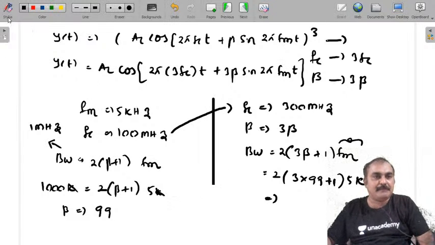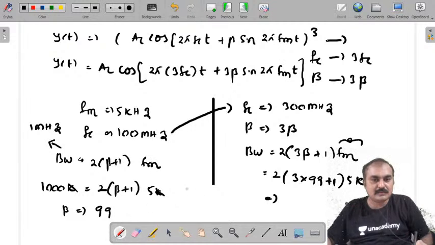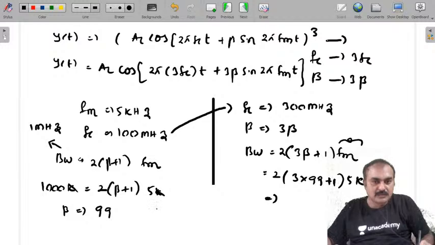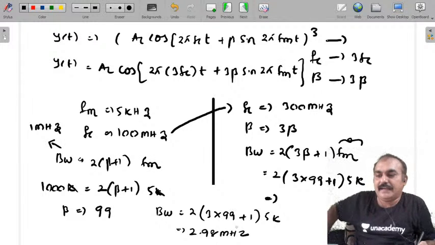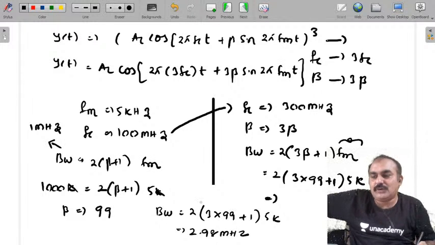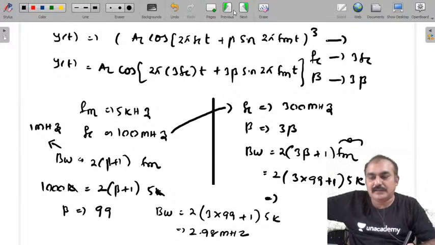Bandwidth equal to 2 into (3 into 99 plus 1) into 5k. You are getting 2.98 megahertz. Very good. Kavita, Vasu, are you there? Okay, with that we have completed this question. Is that clear, everyone? I am going for the next one.